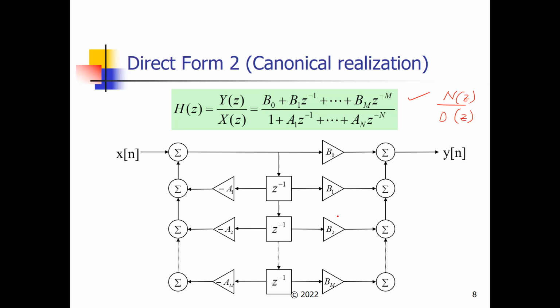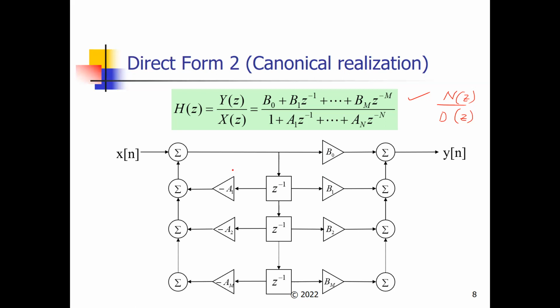We have the B's. Remember, this is the feed forward. The B's are the feed forward factors and the A's are the feedback factors. And I mentioned to you that you have two ways of drawing the diagram, and it varies.